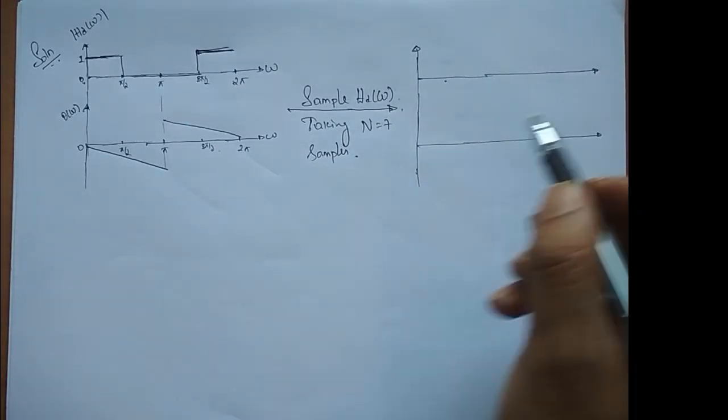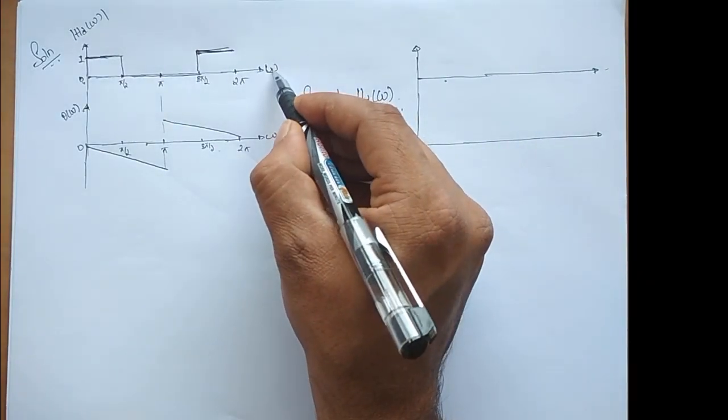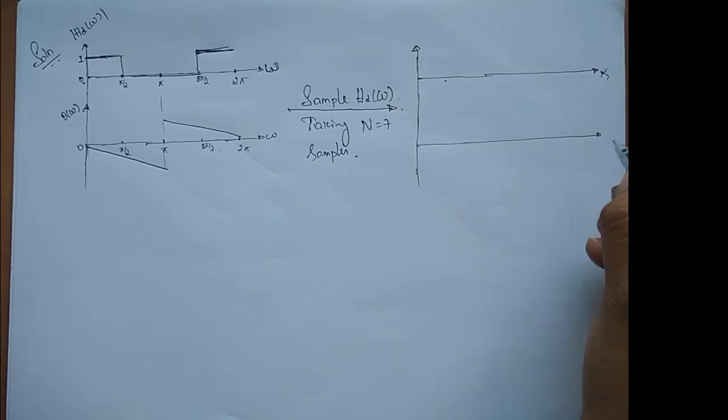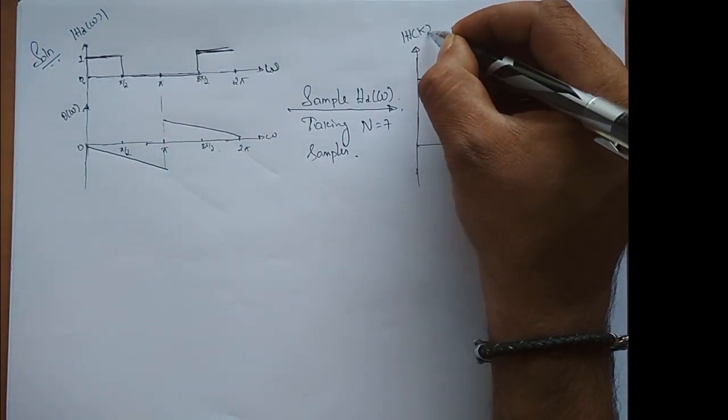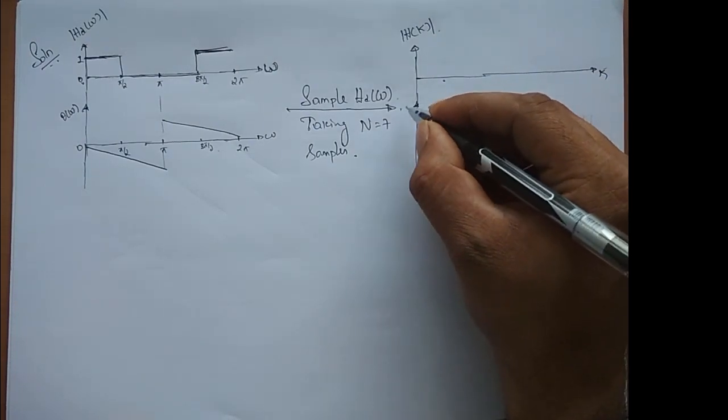Now after sampling, what happens to the independent variable? Before sampling, the independent variable is omega. After sampling, the independent variable becomes k, right? And this becomes magnitude of h of k, and this is theta k.